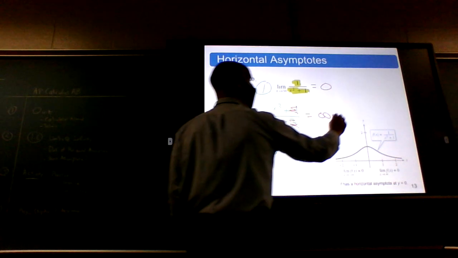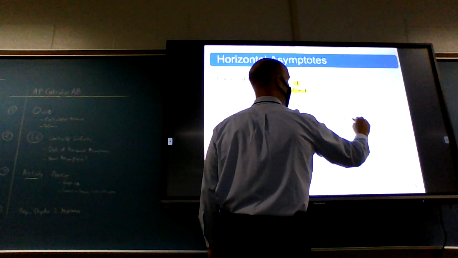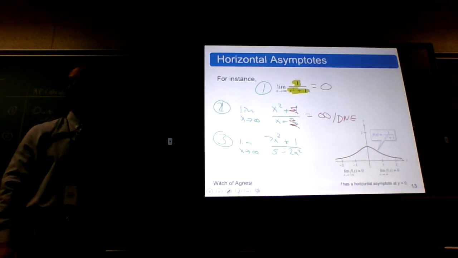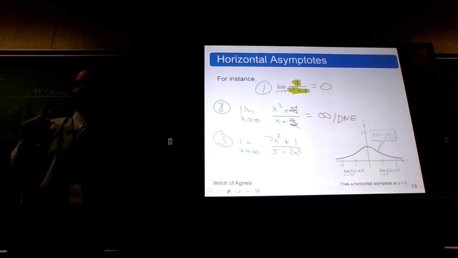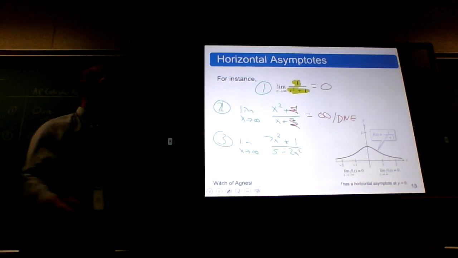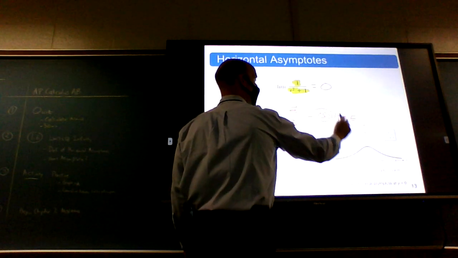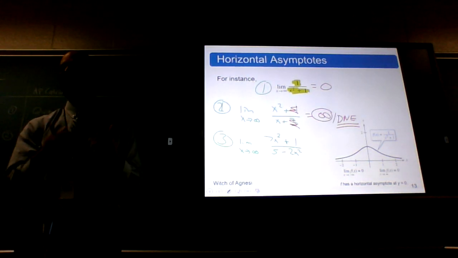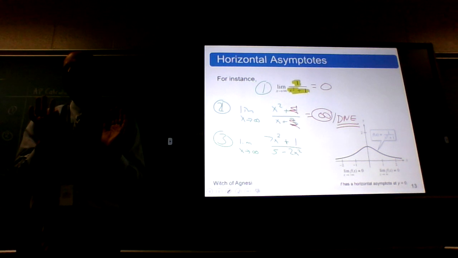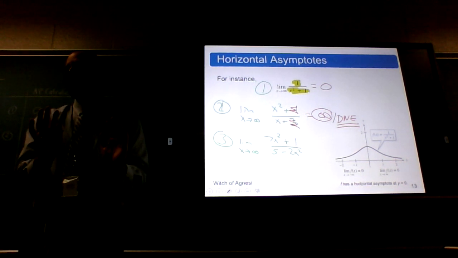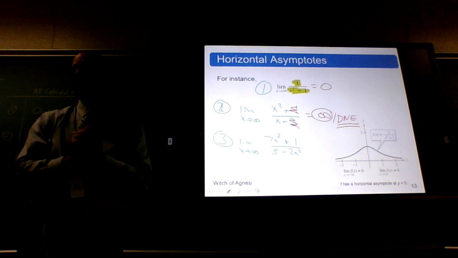The reason I wrote infinity here is the following. What would happen if there had been a negative on the top? Then it'd be negative infinity. I claim that this is a better answer, but D and E is absolutely correct. Remember, we talked about that a couple of slides ago. D and E is the safest answer, but sometimes we could be a little bit more descriptive.